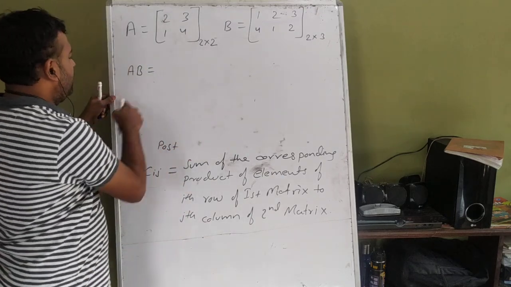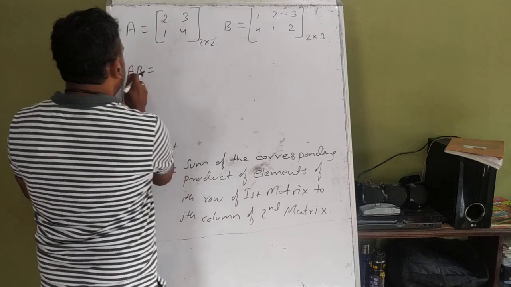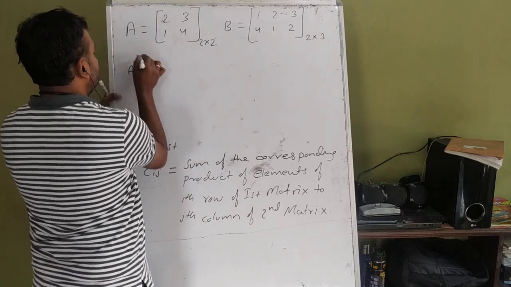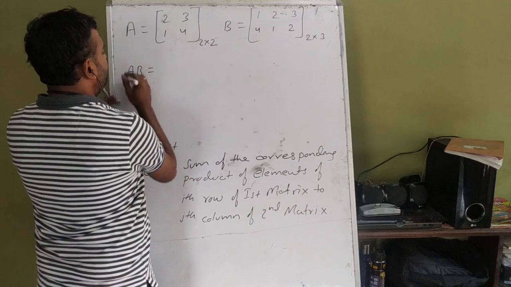A is the pre-multiplied and B is the post-multiplied. Then for the product AB, what is the criterion given?